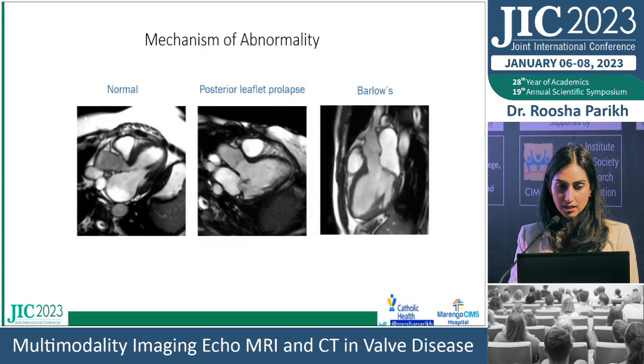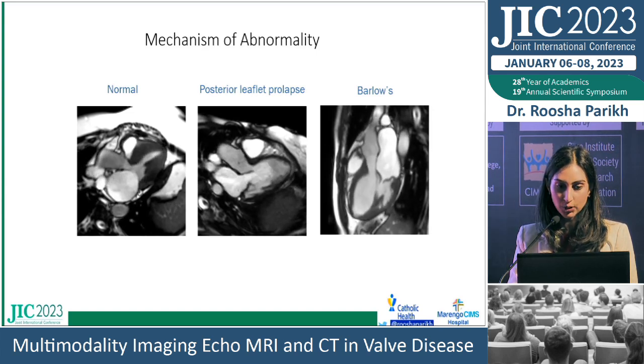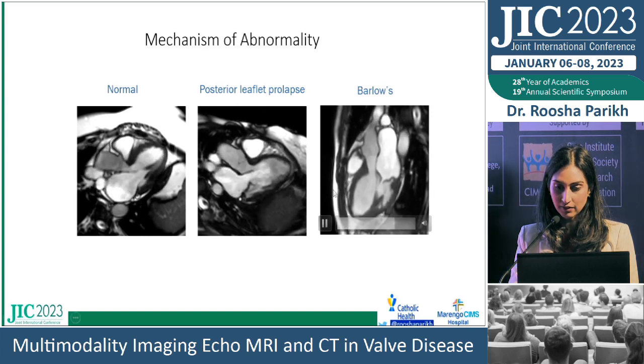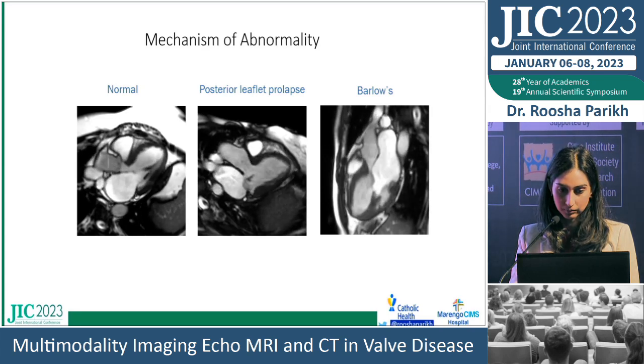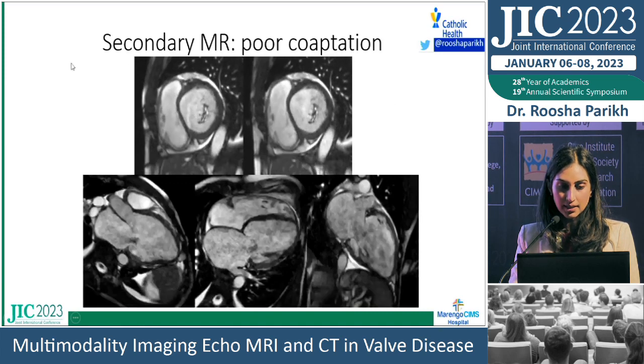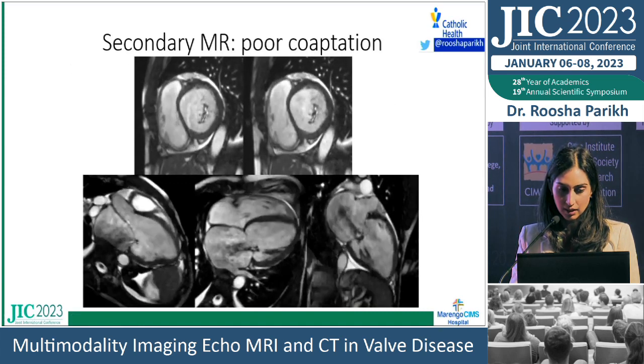So in terms of mechanism of abnormality, on the left, we have a normal mitral valve. In the middle, we have posterior leaflet prolapse. And the third image is Barlow's leaflet with bi-leaflet prolapse. You can see how well we see the leaflet on cardiac MRI. Next, these are images of secondary mitral regurgitation, poor coaptation.